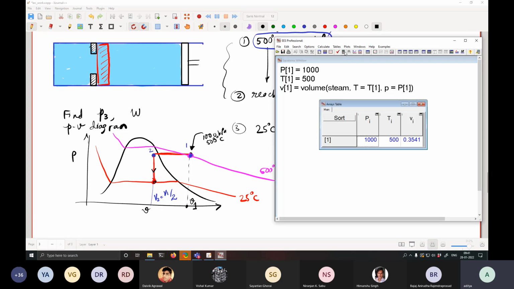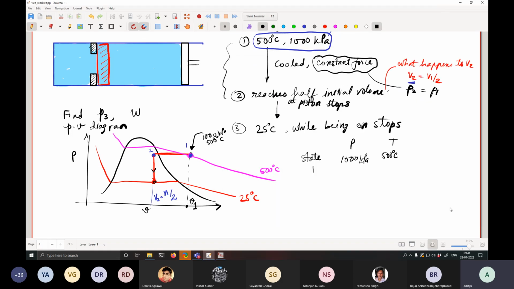Let's see what the specific volume is. It comes out to be 0.3541. Now in state 2, we know that the specific volume will be half of this, so it will be 0.1720.